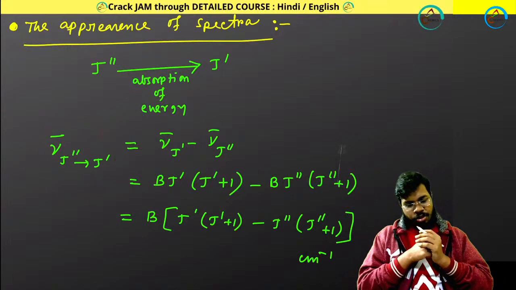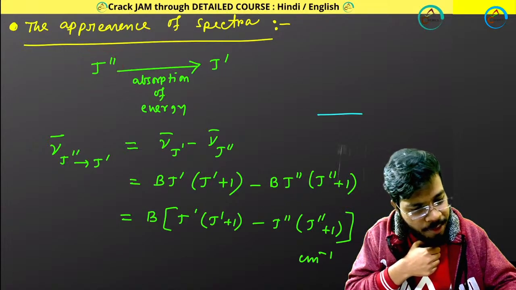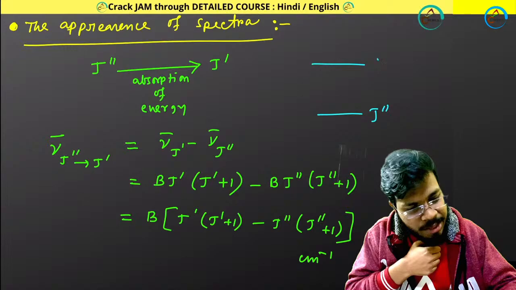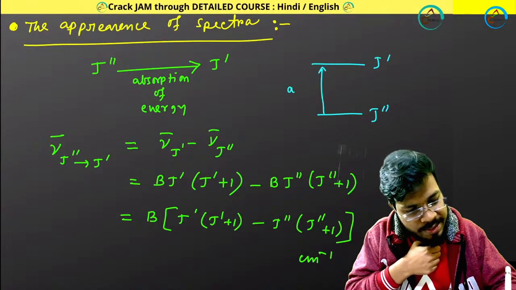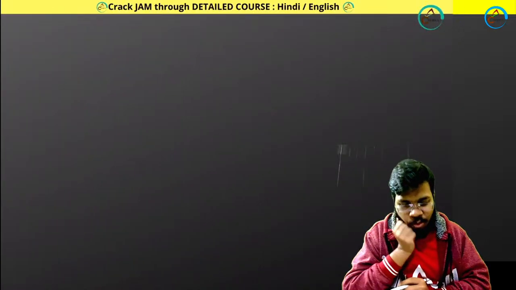So whenever the molecule is jumping from J'' to J', you are getting absorption spectra. How does it look? So let me talk about absorption spectra.